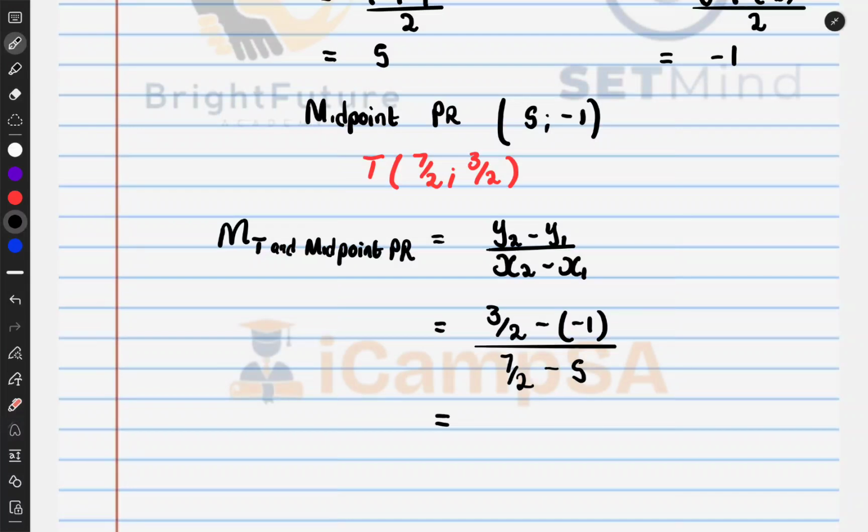Let's quickly punch that on our calculator: 3/2 plus 1 over 7/2 minus 5 is equal to -5 over 3. And there we have the gradient of the line that passes through T and the midpoint of PR.